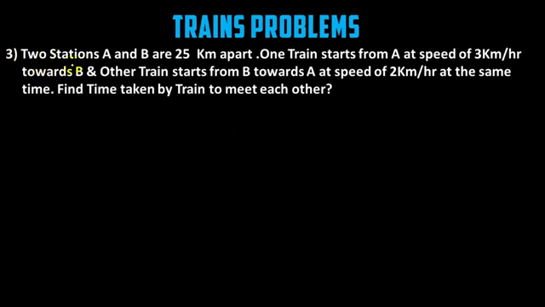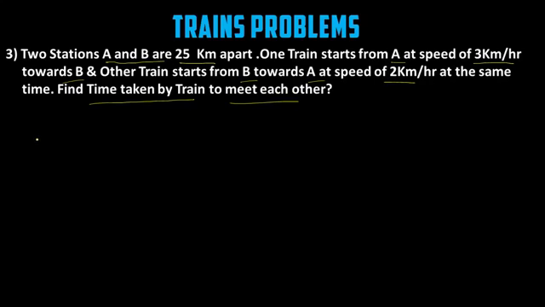Now the third question is: two stations A and B are 25 km apart. One train starts from A at the speed of 3 km per hour towards B and another train starts from B towards A at the speed of 2 km per hour at the same time, and we have to find the time taken by the trains to meet each other.